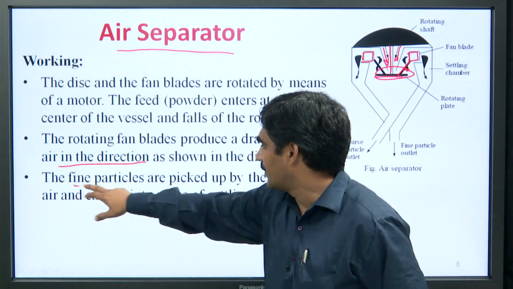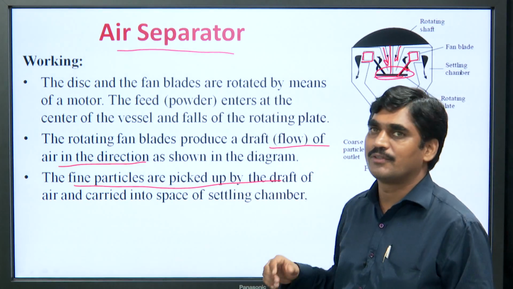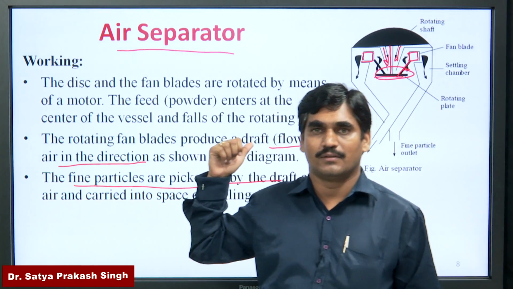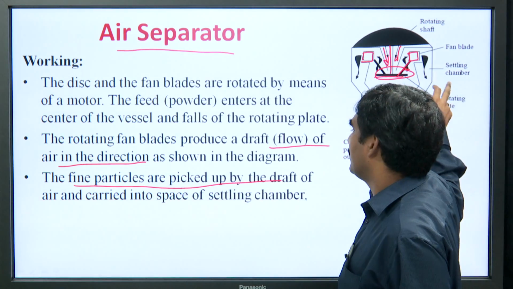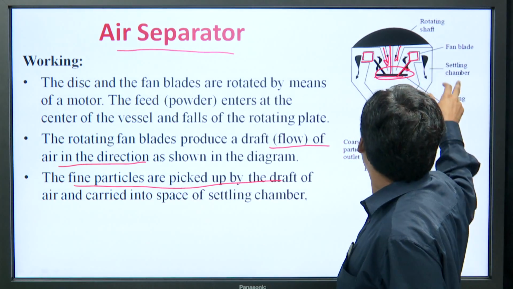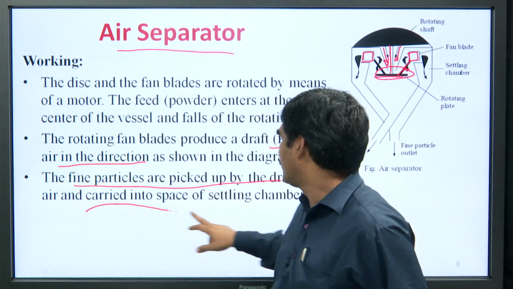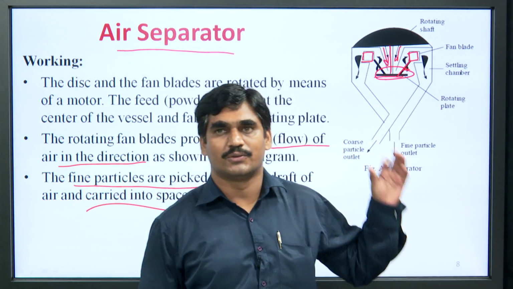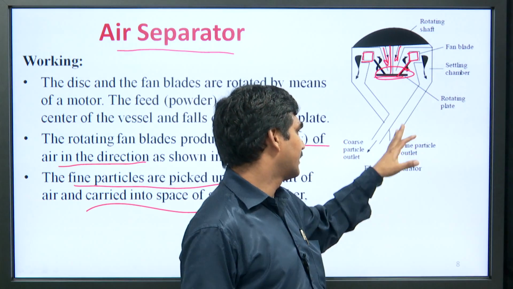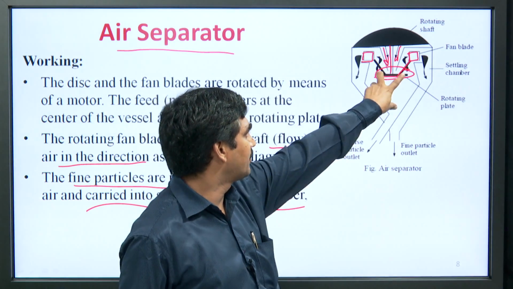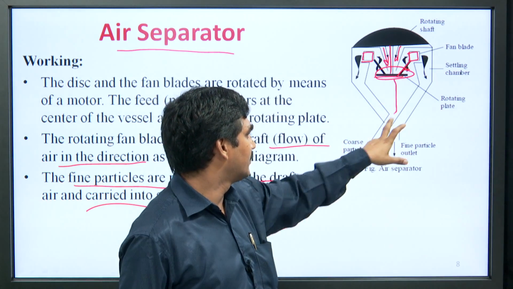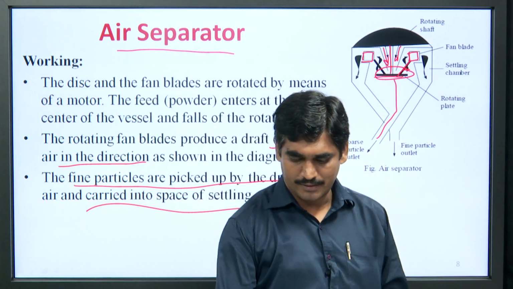The fine particles are picked up by the draft of air and carried into the space of the settling chamber, where the finer particles are collected through this fine particle outlet, and the coarser particles come down through this coarse particle outlet.